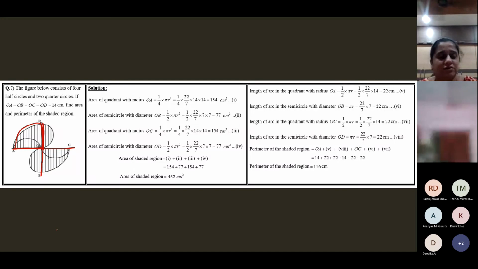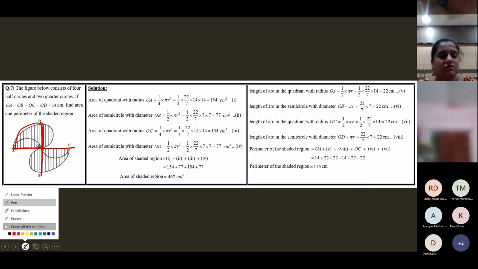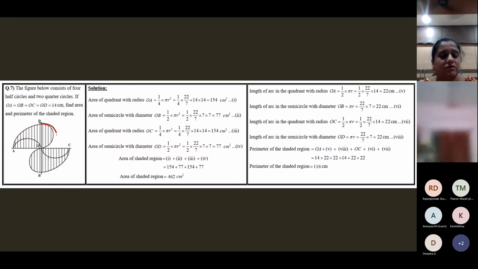Now for this semicircle, OD is the radius or diameter? Diameter. So what will be the radius? 14 by 2, 7.